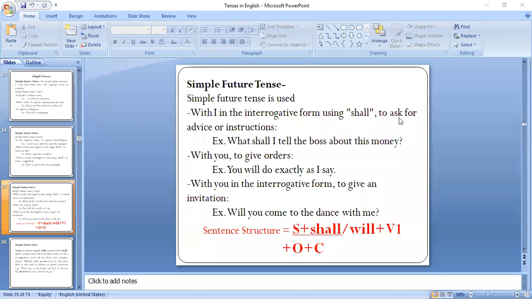So this is the difference. Shall is only used after I and we, and will is used for the remaining pronouns. So see the difference between these two.